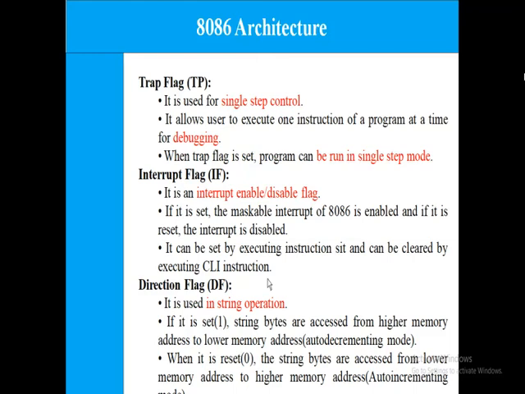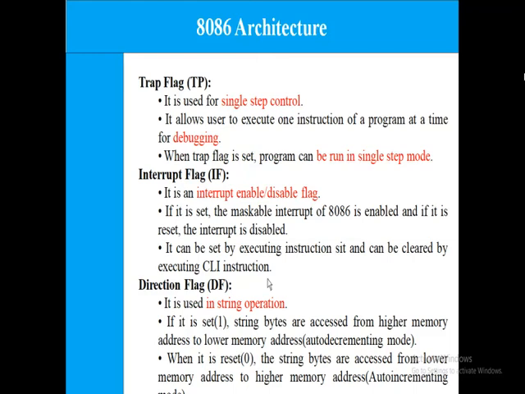Mainly this is used for debugging purposes. So when the trap flag is set, the program runs in single step mode, executing only one instruction at a time. The processor executes the current instruction and control is transferred to the trap interrupt service routine.